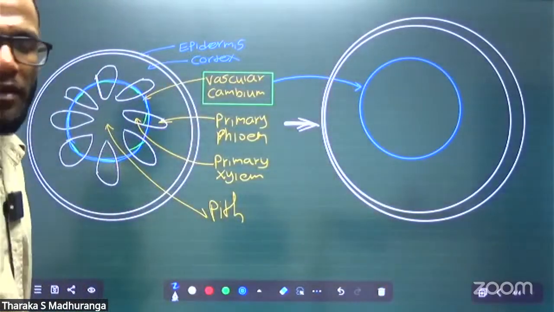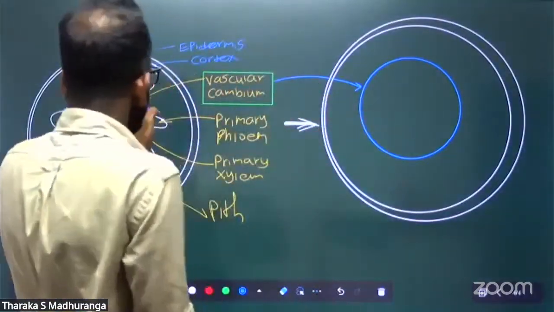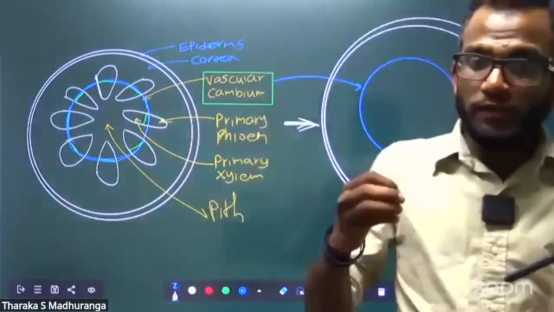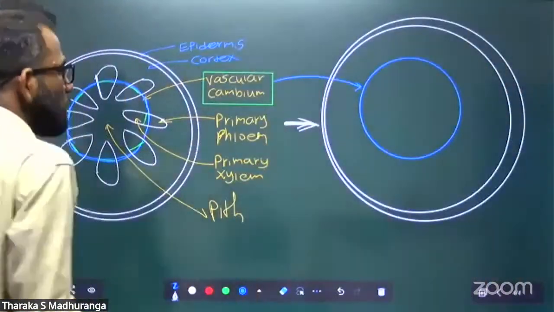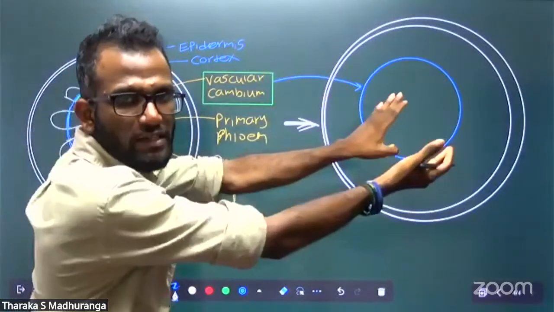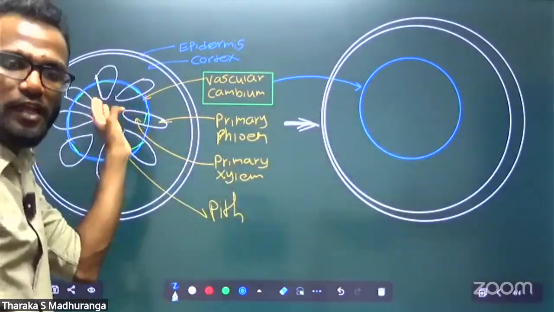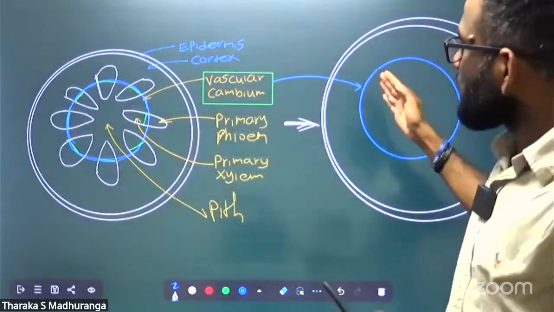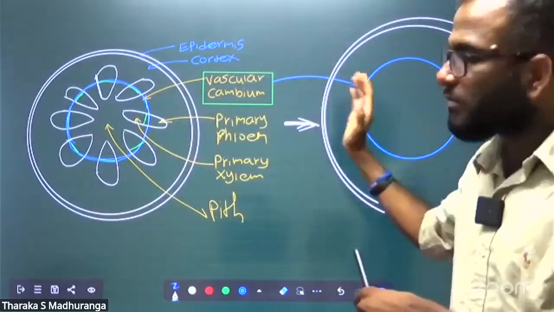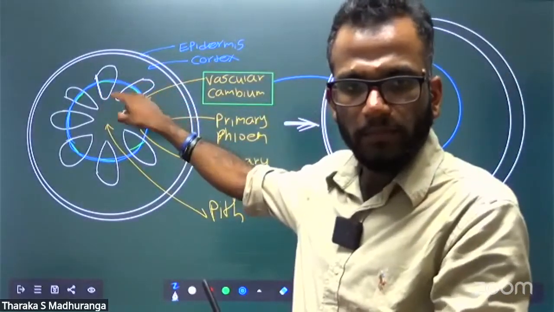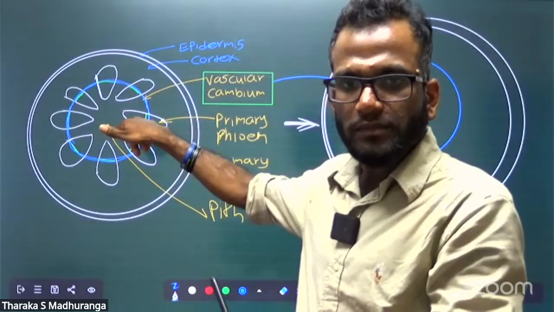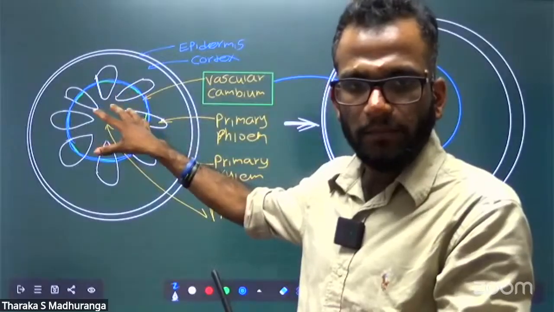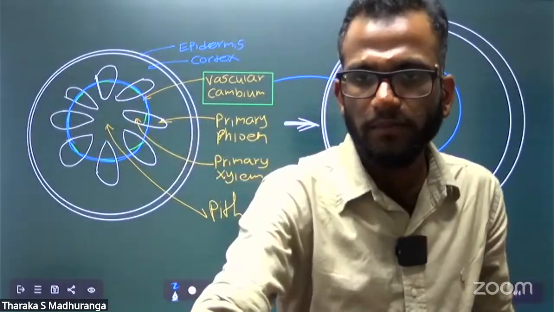From this vascular cambium, I told you, cambium tissue always produces new cells, right? New cells are produced to the inside. What is the cell structure, xylem or phloem? Inside is always xylem.